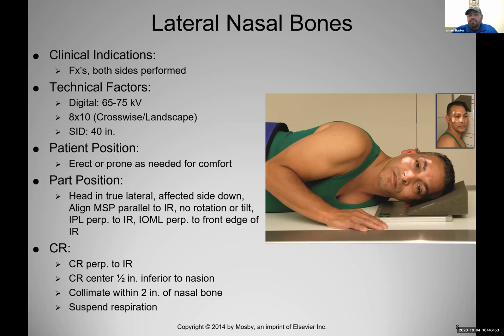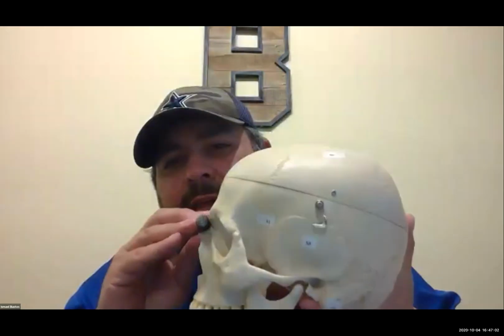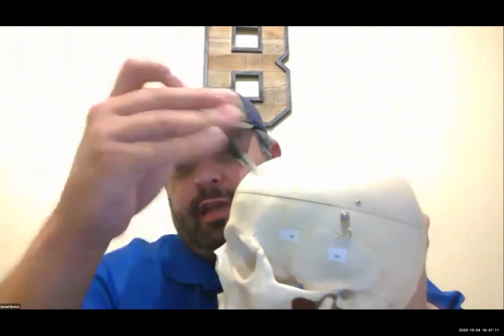Remember, there are 4 things to make sure that you get the head in a true lateral position. Those 4 criteria are making sure that the IPL is perpendicular to the image receptor. The IPL is the line that goes through the pupils, the interpupillary line. Make sure that is perpendicular to the image receptor in front.